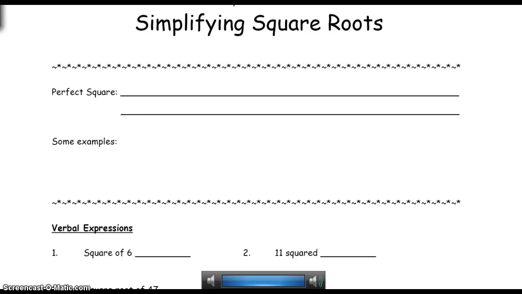Simplifying square roots. First thing, we're going to have to talk about what a perfect square is. I'm not going to give you an actual mathematical definition. I'm going to give you the definition that I would use to describe a perfect square.